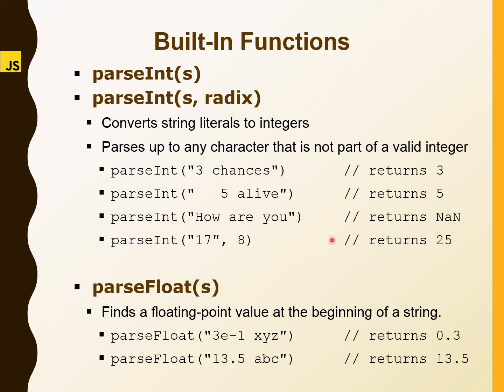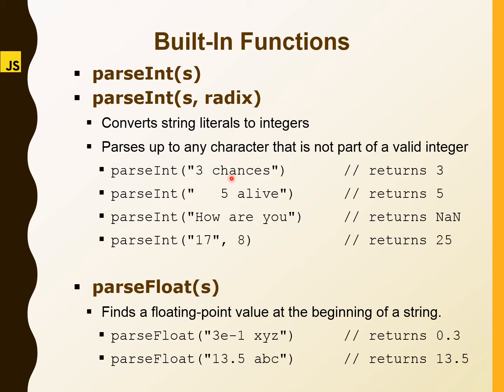Now we have some built-in parsing functions: parseInt of s, and parseInt of s comma radix. Both of these parsing functions are used to convert string literals to integers. We have the examples. parseInt of 3 chances. The string is 3 chances.